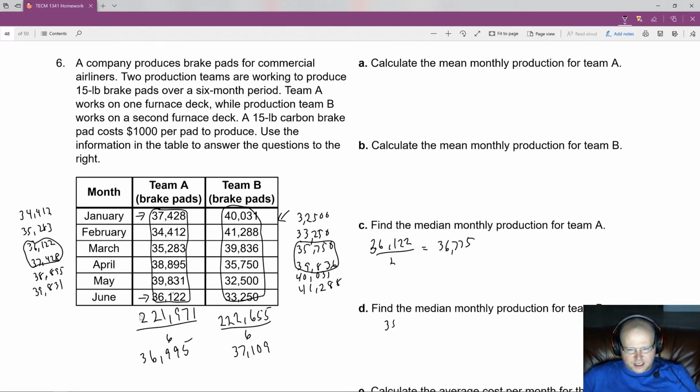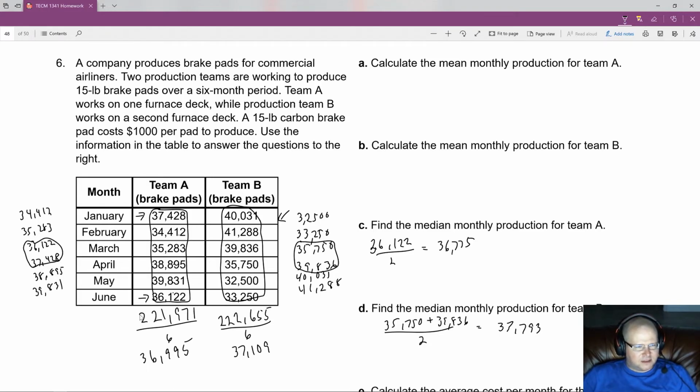So we'd say 35,750 plus 39,836. And then we would divide that by 2. If we did that, what we would get is 37,793.